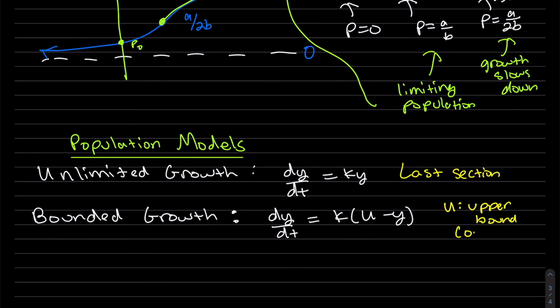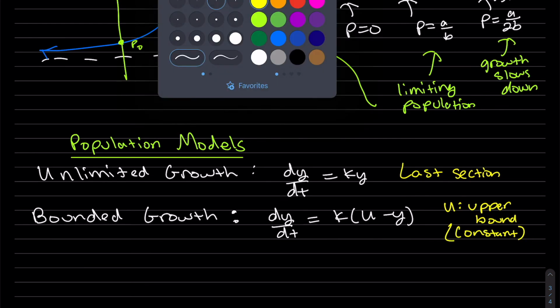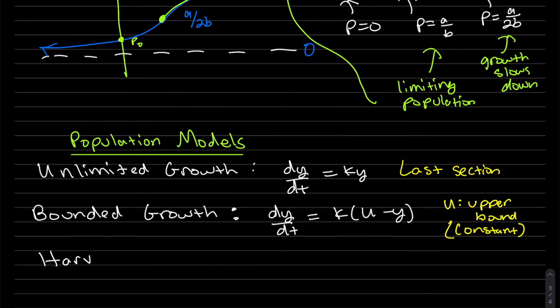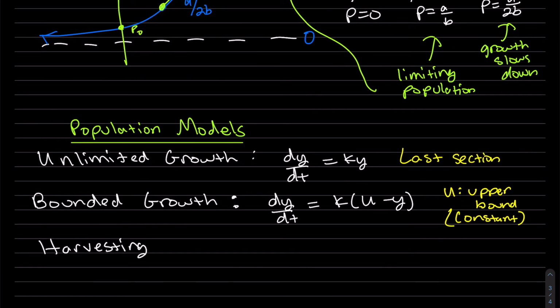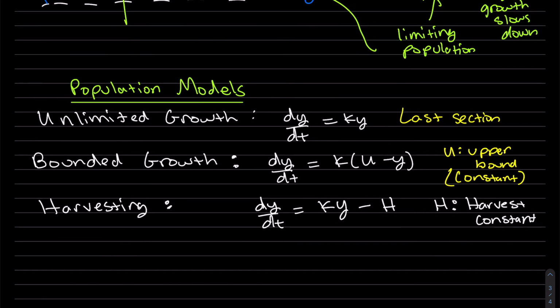There's harvesting, and our H is our harvest constant. Basically, harvesting removes for use.